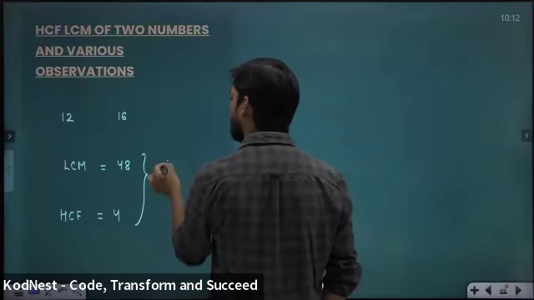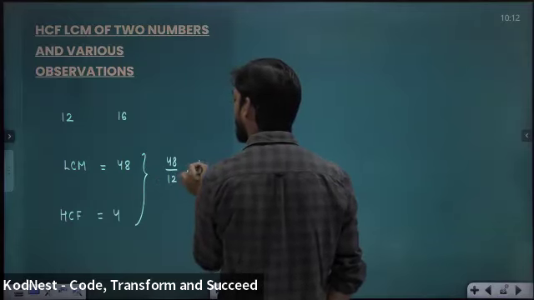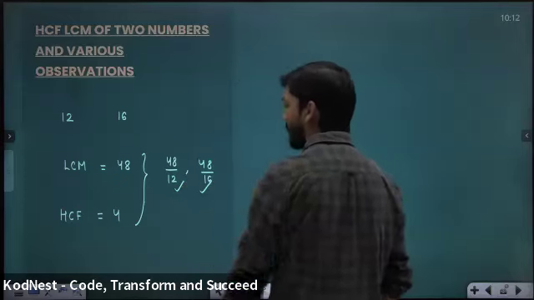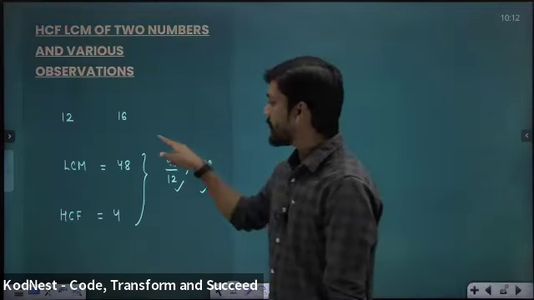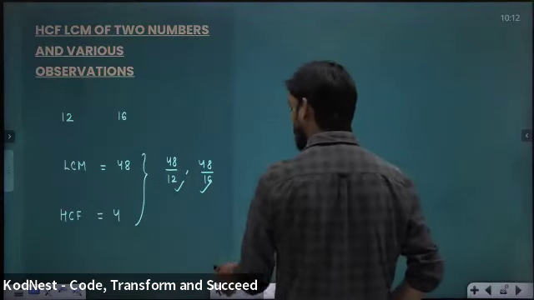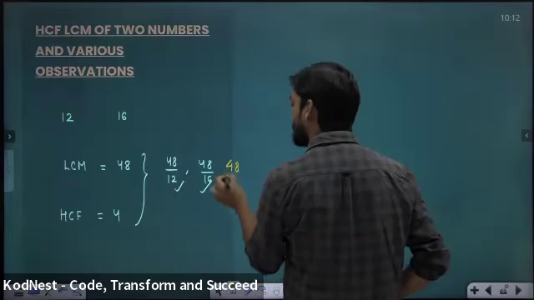why this is a multiple? Because 48 is divisible by 12. 48 is divisible by 16. Right? That's why it is a multiple. And it is least also, that's why it is the least common multiple. All right. Are you observing this also? That 48 is divisible by the numbers.